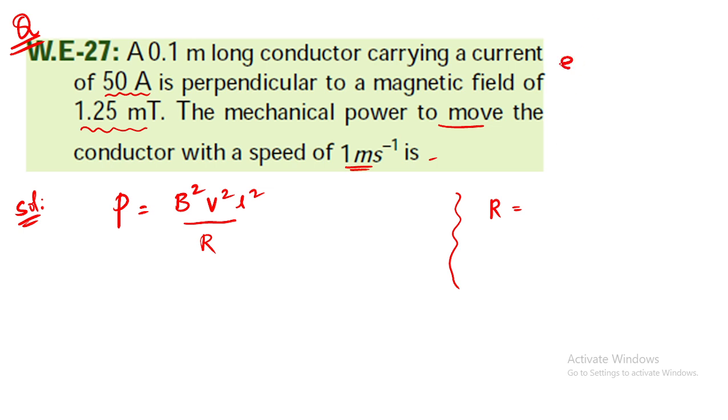For that, first we need to find the EMF, which is BLV. Then you will get E divided by I, and then you will replace all those things there. EMF: B value is 1.25 into 10 power minus 3, L is 0.1 and V is 1.